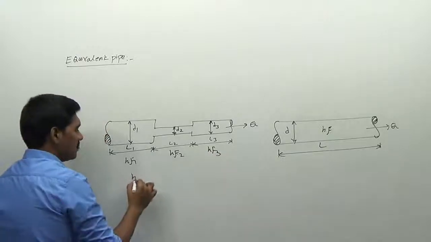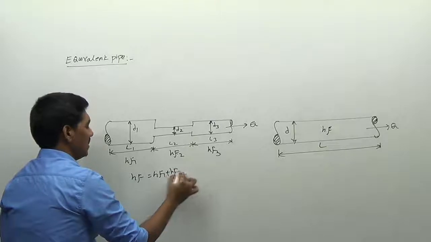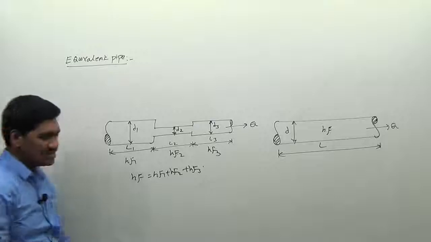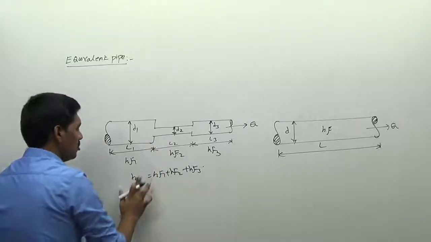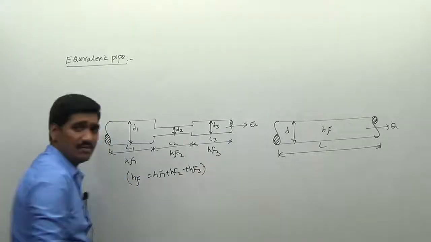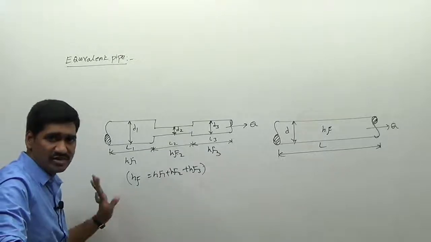So the total loss of head in the given pipeline is HF1 plus HF2 plus HF3. It is the total loss of head due to friction in the given pipeline.